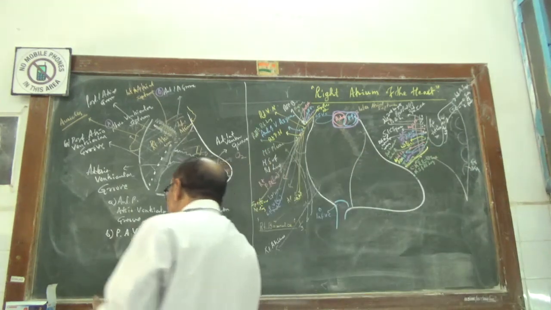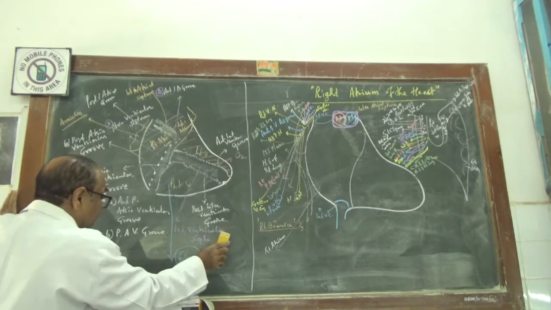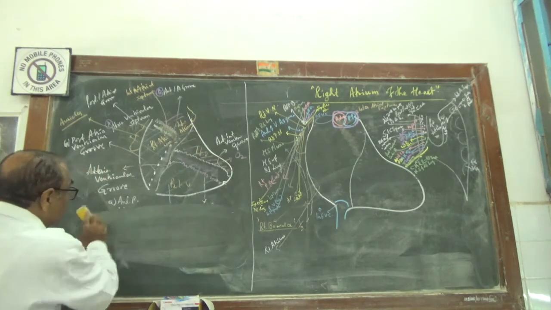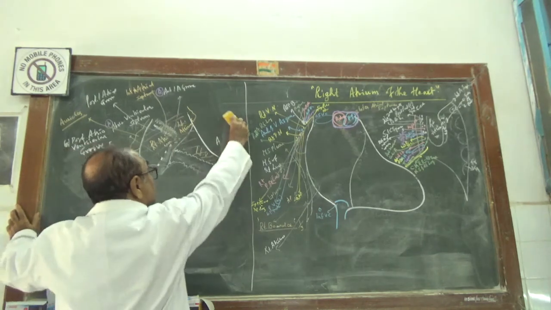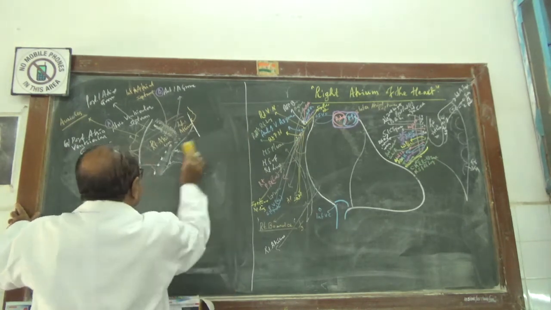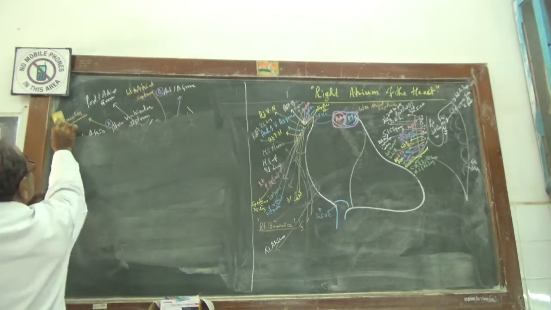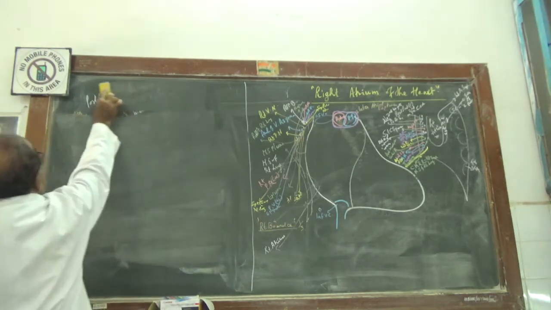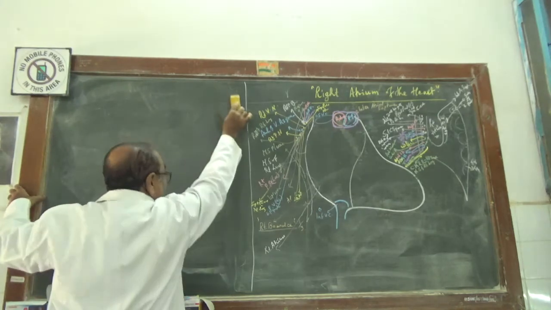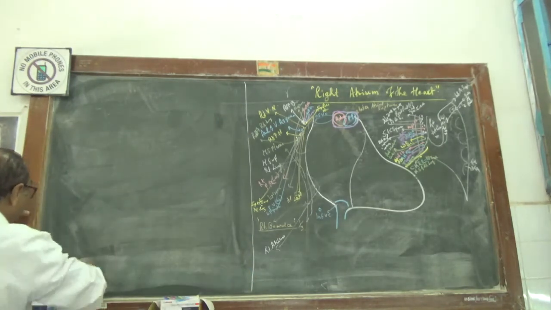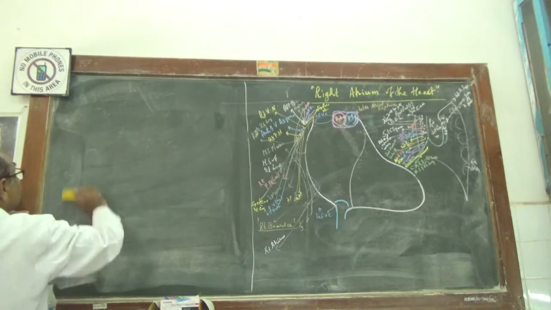Now you have to go to the internal of the right atrium. For that I am going to draw the internal of the right atrium.